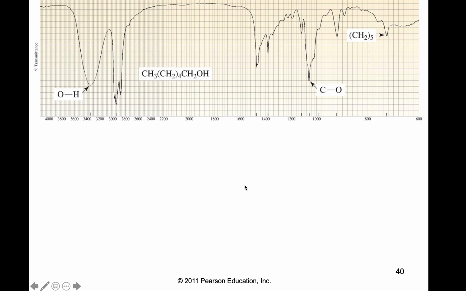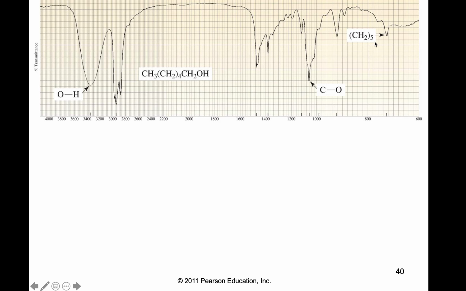Okay, this is an alcohol, and notice you have 6 carbons. So that would be called 1-hexyl alcohol, or hexanol, n-hexanol, straight chain hexanol. So you have a big broad OH stretch, characteristic of water and alcohols.